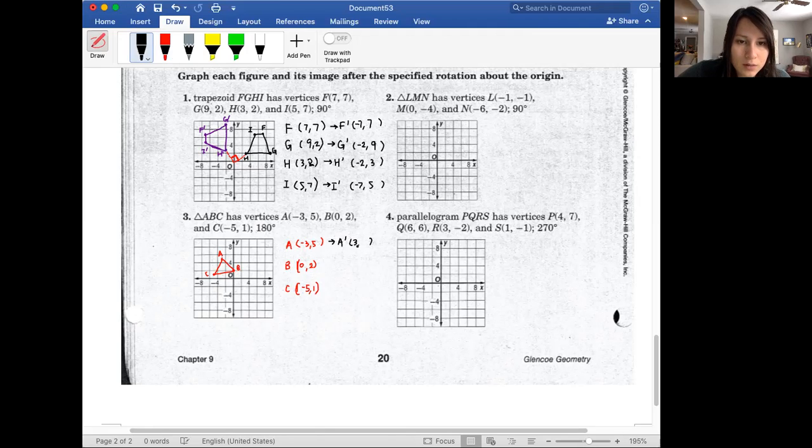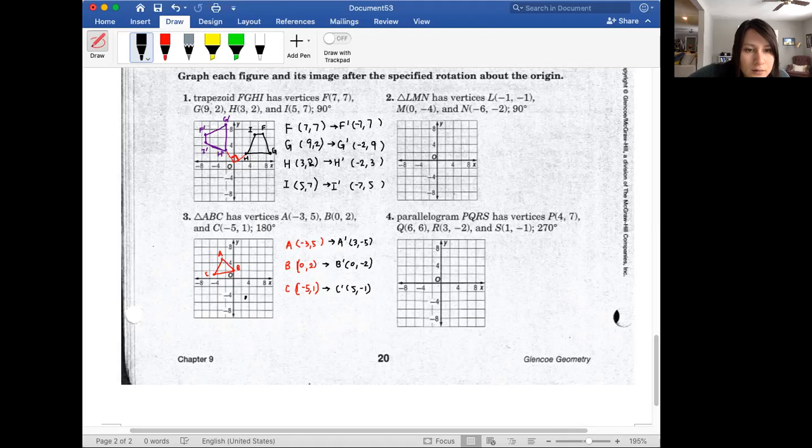So this would become 3, -5. 0 can't be negative, so that will stay the same. 2 becomes negative. This becomes 5, -1.